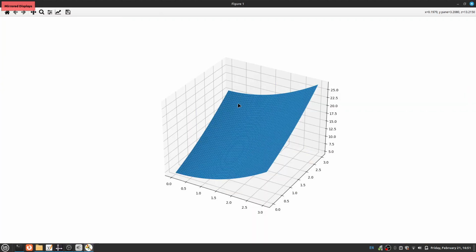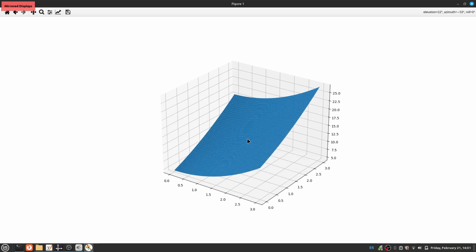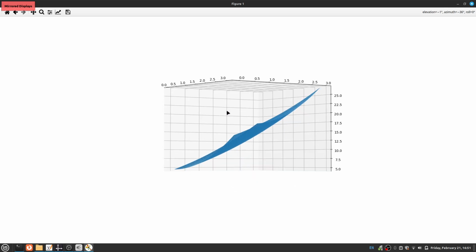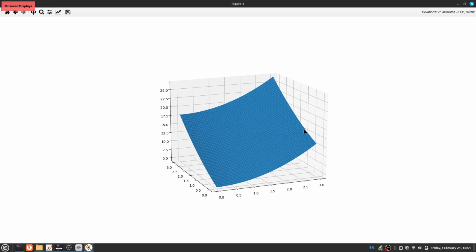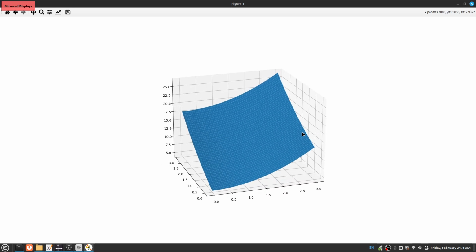This is what it looks like. Right, some surface, and this is the region. So we're only looking at x1 and x2 both being greater than or equal to 0, which is the region beyond this. Correct?